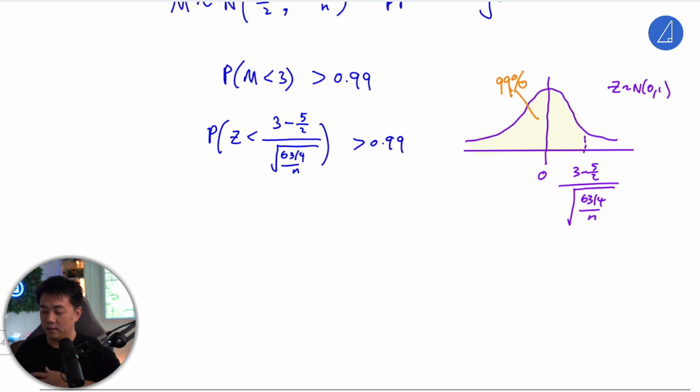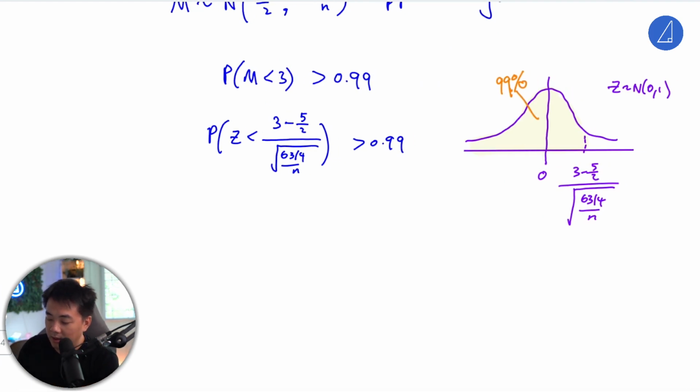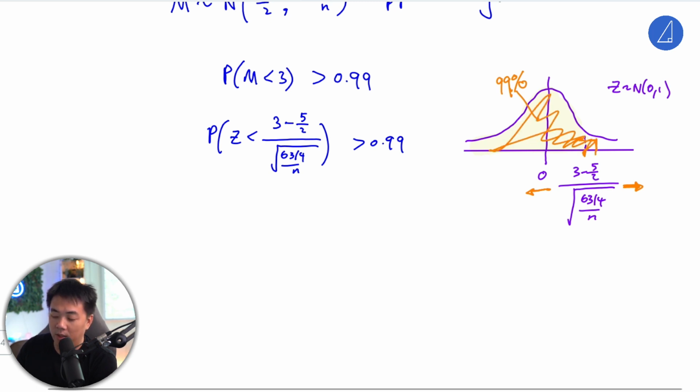The question now is, if it's exactly 99%, this will be the boundary. But you want it to be more than 99%. If you move this boundary to the left, you'll definitely be less than 99%, right? So you should move this boundary to the right, because if this boundary moves to the right, the shaded area here will be more than 99%. That's the idea.